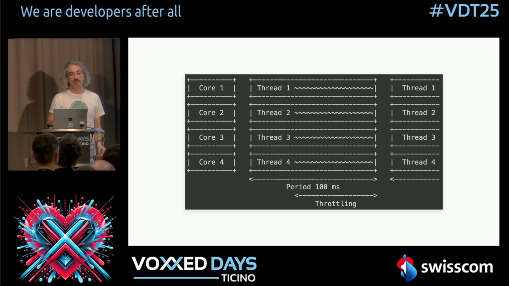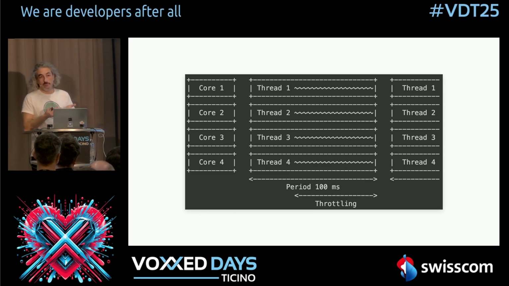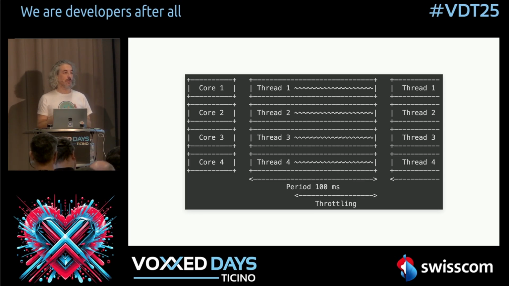Then throttling for 75 milliseconds. So this is something that is critical if you have something more real time, or something your customers can see. And that's interesting, especially for Java or any multi-threaded application, because people tend to play with the limits, and then you don't realize this.